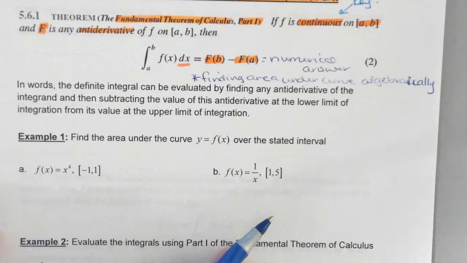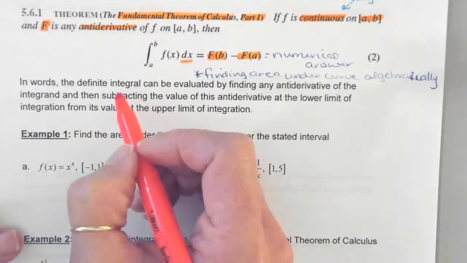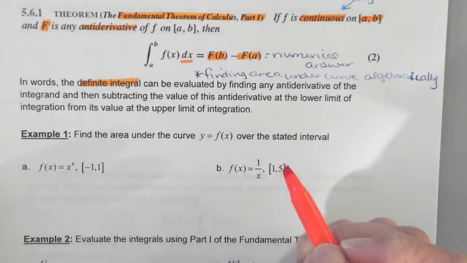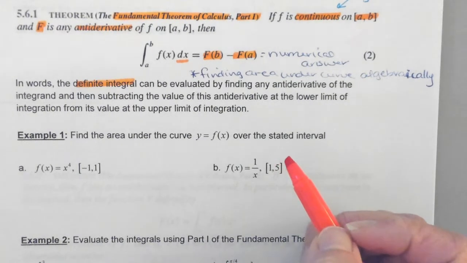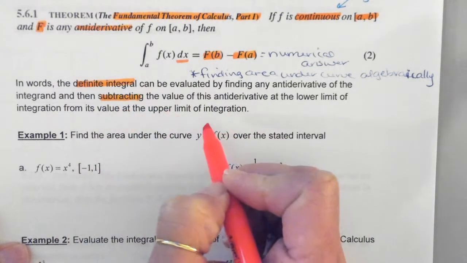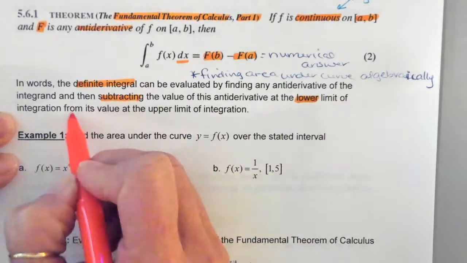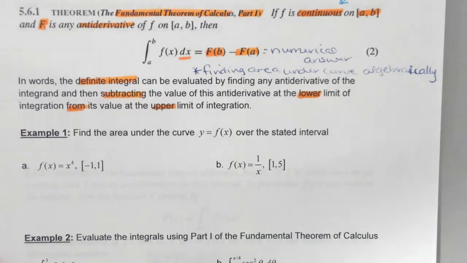All right, so in plain English, sort of, the definite integral can be evaluated by finding any antiderivative, meaning you're finding the integral of the integrand, meaning what's to the right of the integral symbol, okay, and then subtracting the value of this antiderivative at the lower limit from the value at the upper limit. Okay, so it's always F of b minus F of a. Okay, always F of b minus F of a.